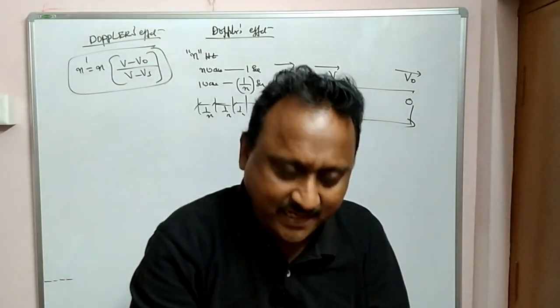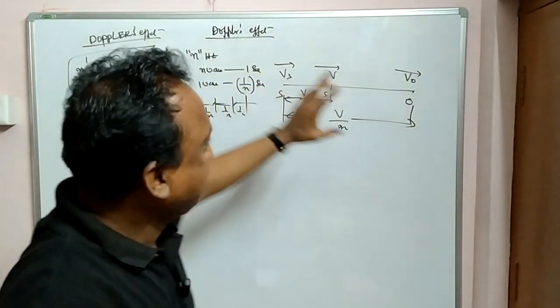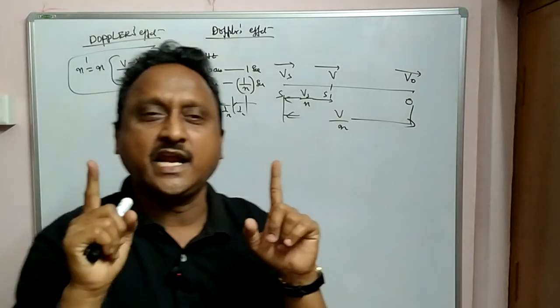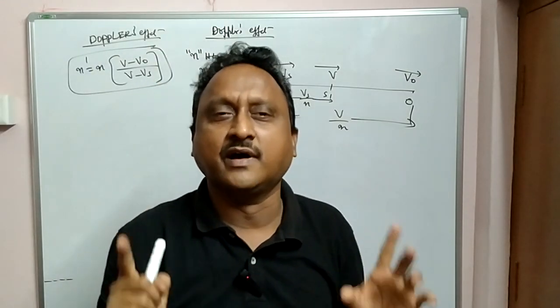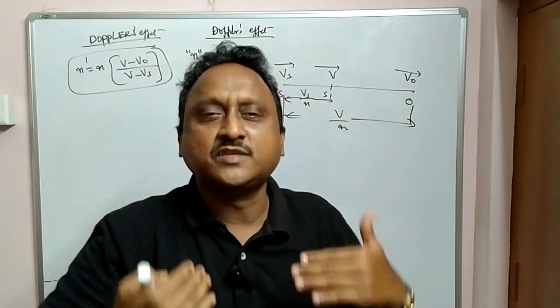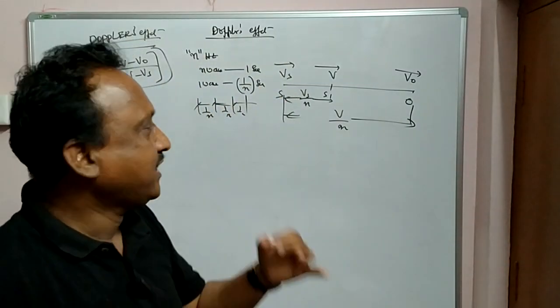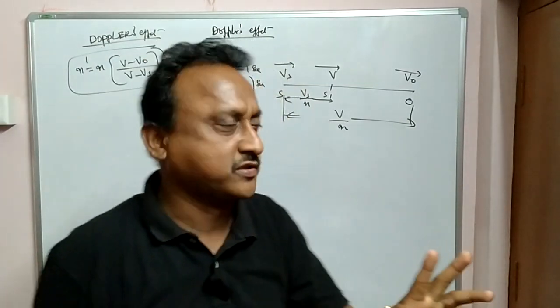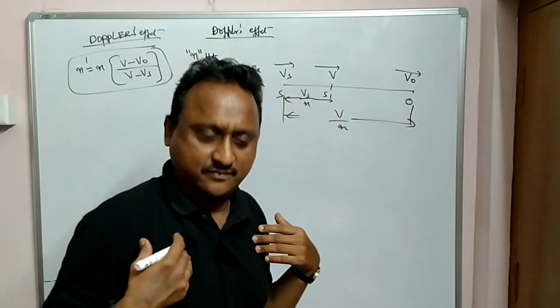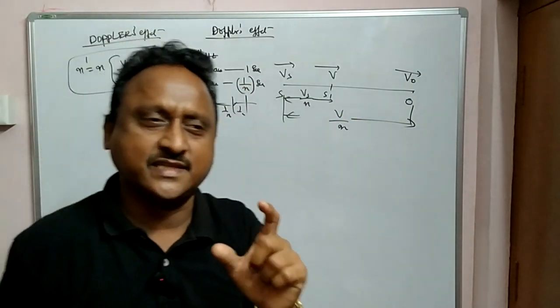What is Doppler effect actually? What this scientist did is, when there is relative motion between source and observer, source means who is producing sound, it may be a vessel, any bus or aeroplane which is producing sound, that is called a source, and observer is like we, a person who is observing the things going on.